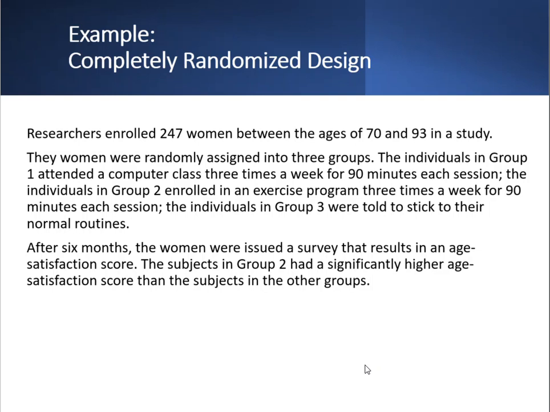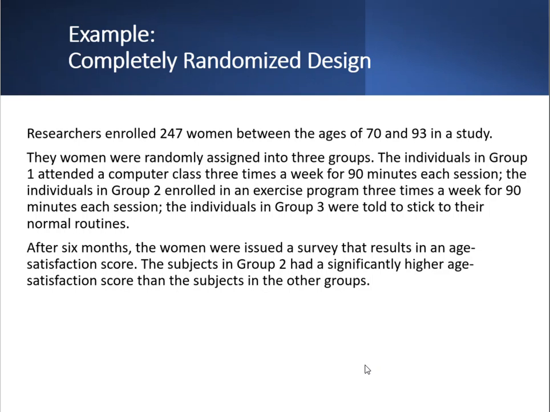In this example, we want to look at what a completely randomized designed experiment looks like. Now that we know the characteristics and some terminology that goes into our designed experiments, we want to focus on what particular designed experiments might look like.